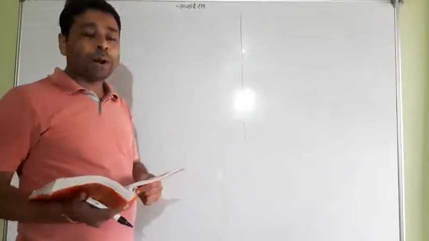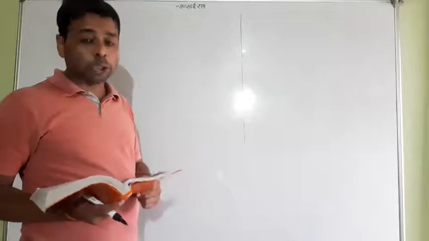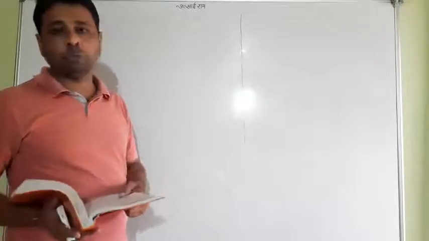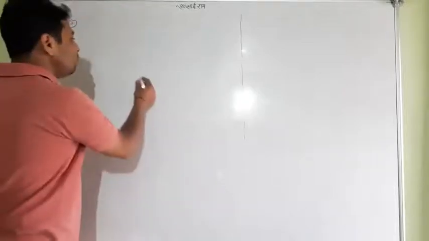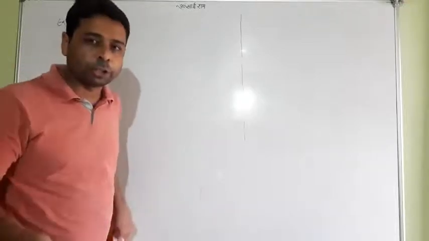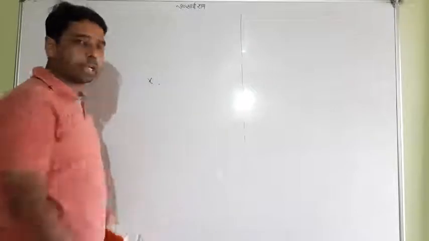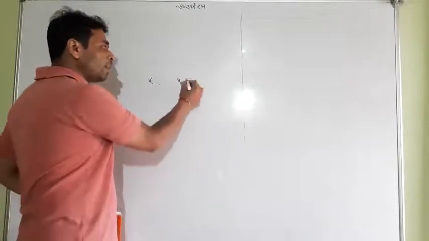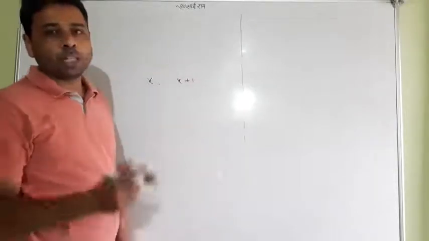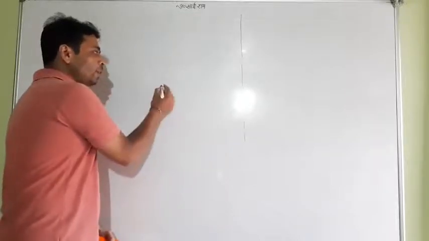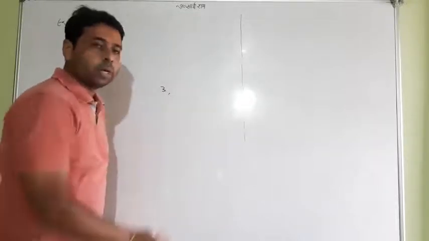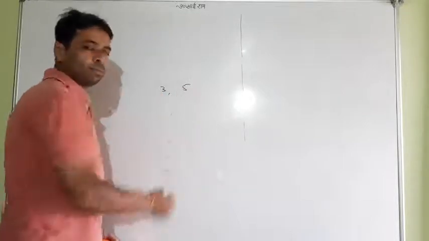The question says, find two consecutive odd positive integers, the sum of whose squares is 290. Till now we had two or three questions on consecutive integers, where we took x and then x plus 1. But here it is odd. If you take 3 as an odd number, its consecutive number will be 5.